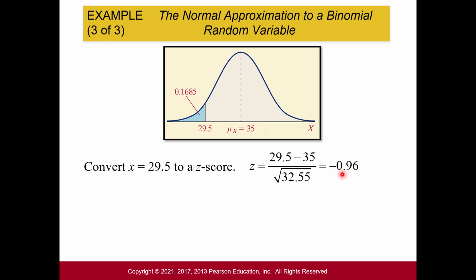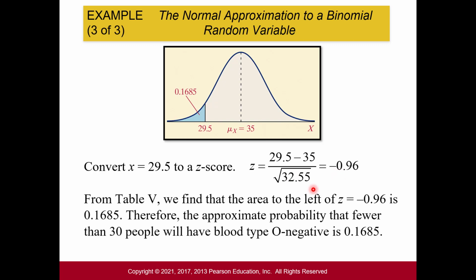That gives us negative 0.96. And then you go to your table for standard normal distribution, which you can find online or in a textbook. For a z-score of negative 0.96, we get that the area to the left under the curve is 0.1685. So the approximate probability that fewer than 30 people will have blood type O negative is about 16.8%.